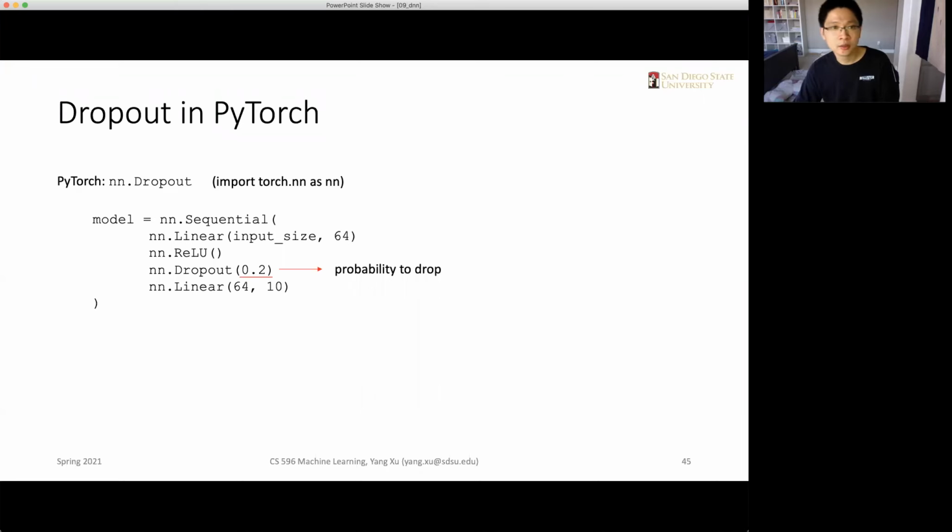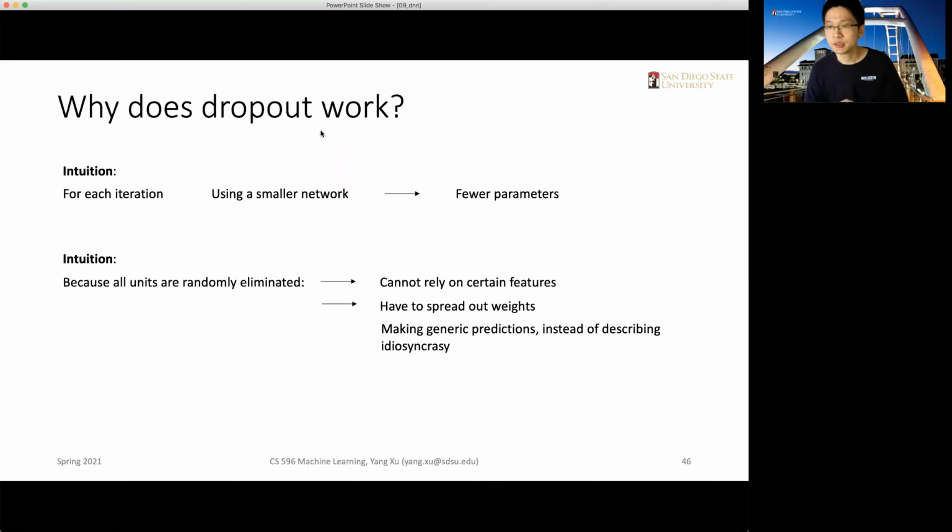Okay, so let's go to the next slide. I think there's some theoretical discussion about why dropout works. I think it's a very interesting discussion here. So intuitively, we can say that because for each iteration we drop out some units, apparently we use a smaller network, right?